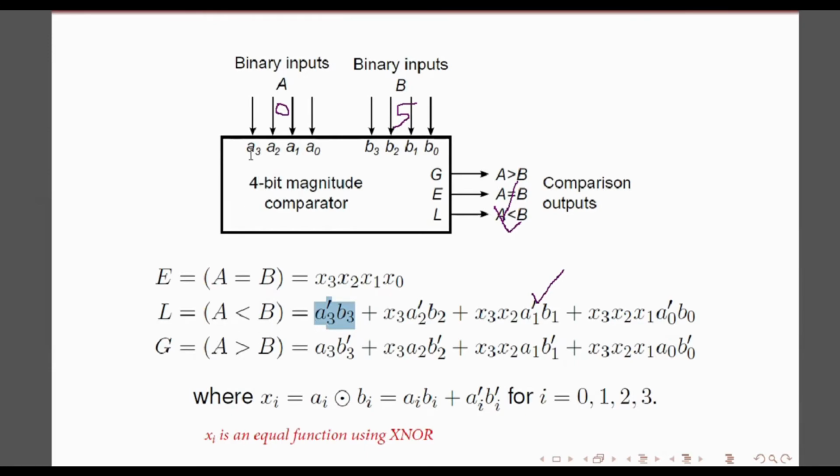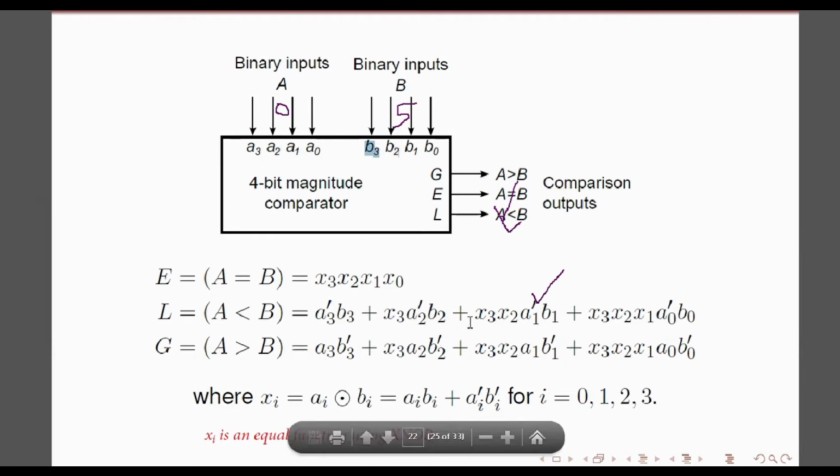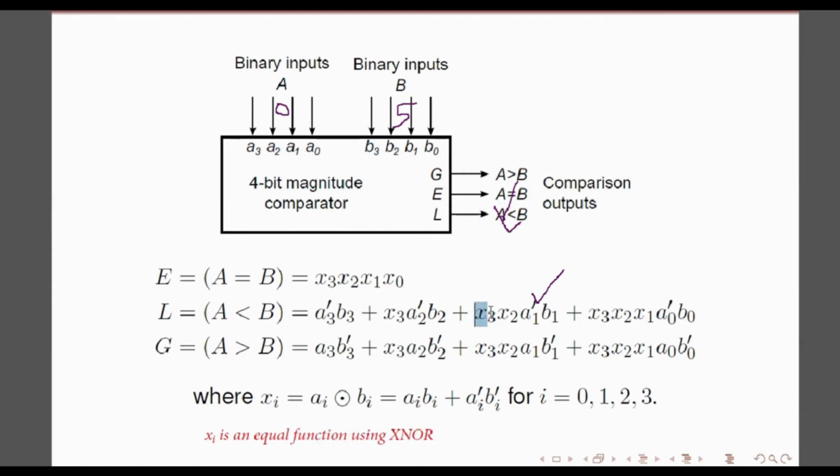So if you want to know A less than B, check the most significant bit. If A3 is 0 and B3 is 1, obviously A is less than B. If A3 is 1 and B3 is 0, you don't need to look at the rest, you know that A is bigger than B. But if this is not true, you check the second part. I mean, if A3 equals B3, then you check A2 and B2. If A2 is less than B2, then A is less than B. Similarly, if that is also not true, we check for x3.